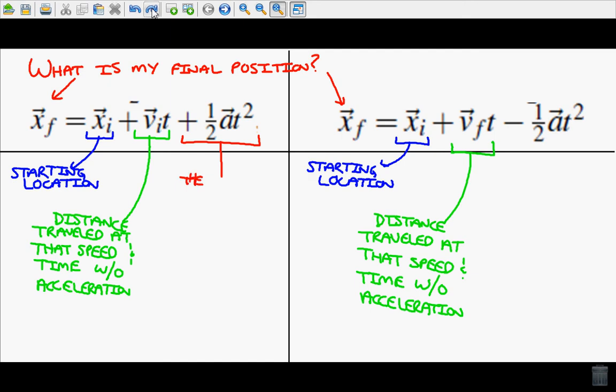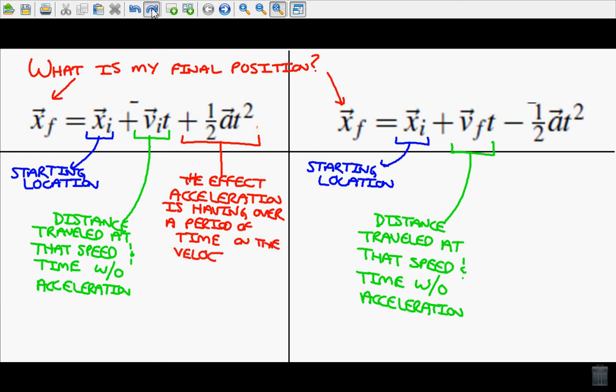What effect does it have on the distance I traveled in the previous part? So this part of the equation is basically asking, what is the effect of acceleration and what is it having over a period of time? So what's the effect of acceleration over a period of time on the velocity and the distance that I traveled?